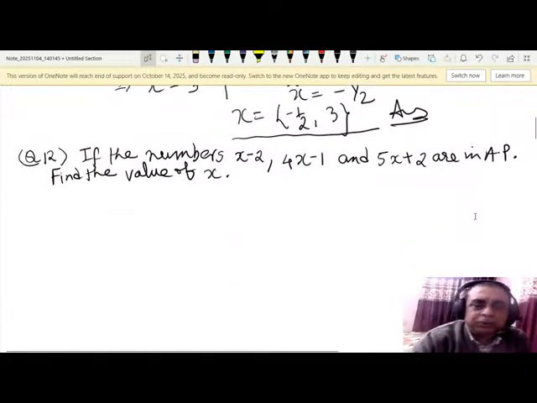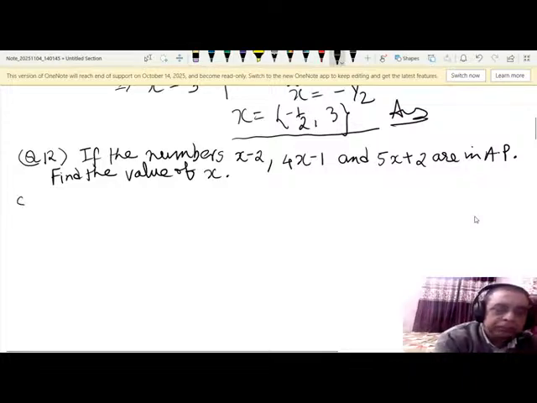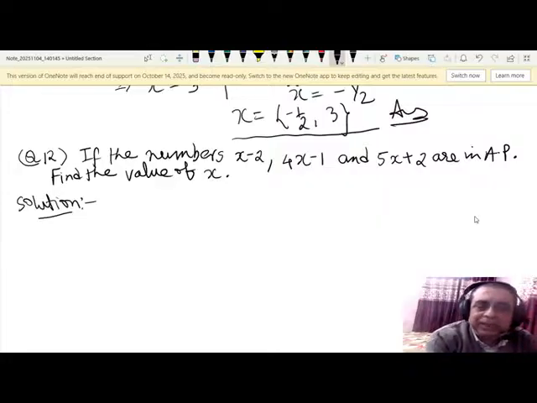Now we are moving to the next question, number 12. What is this question saying? If the numbers x minus 2, 4x minus 1, and 5x plus 2 are in AP, find the value of x.